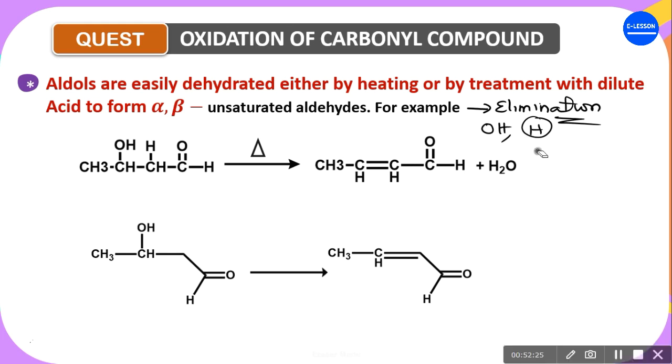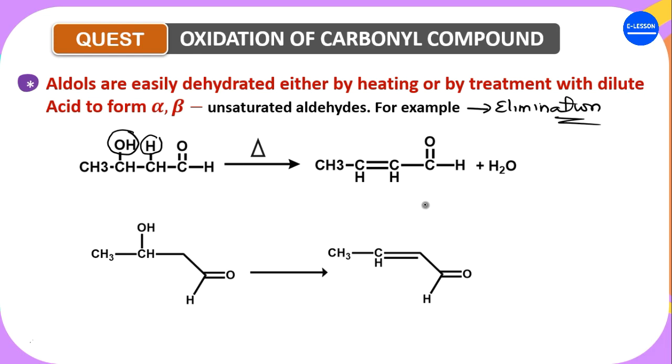Okay? So, in this case, look at what they did. This hydrogen here, right? And this OH here is removed. And when it is removed, what do you think will be formed here? A double bond. So that is the product that is here, which is CH3, C double bond C, and then C double bond O and H, plus H2O. Is that understood?